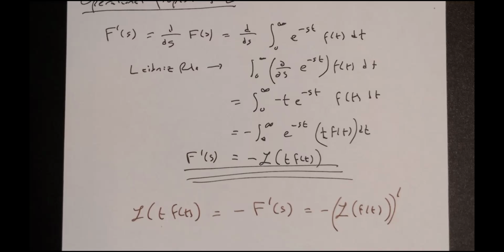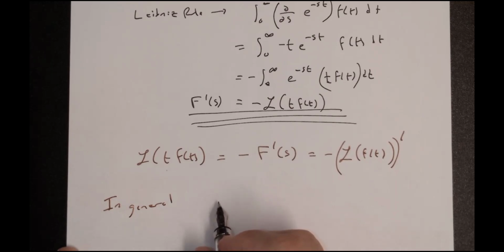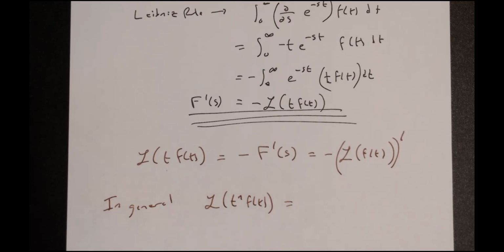So I can generalize this. The Laplace transform of t to the n times f of t. Oh, if I do this derivative again, I'm going to get another minus sign, aren't I? It's got two minus signs, going to make it plus. If I do it a third time, I'll get a minus. I'm going to get a minus that flips back and forth like we do in power series.